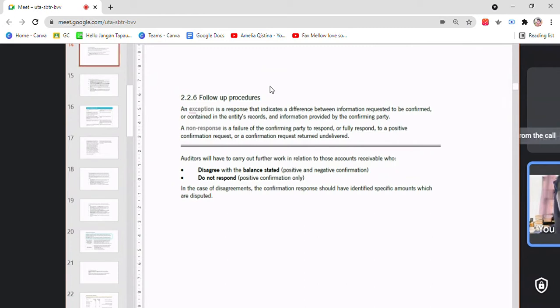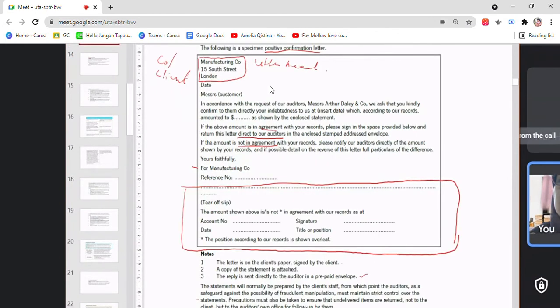This means that the amount the company states here has a difference from the amount stated by, let's say, the client replying, the account receivable, who says the amount is not in agreement with our record. They put their amount, account number, date, and they will enclose their own statement.